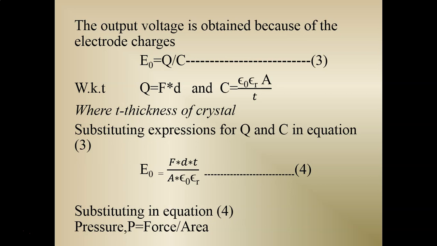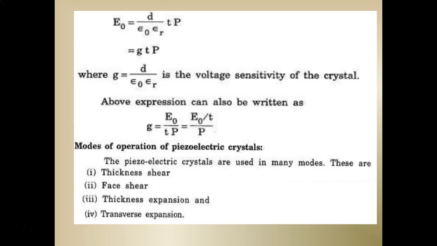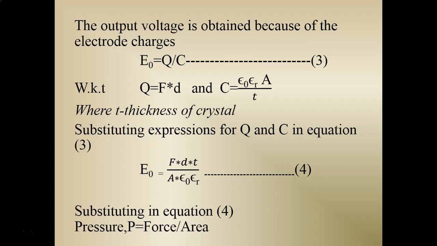Substituting these expressions in equation 3, we get E naught equal to F into D into T divided by A into epsilon naught epsilon R. So we know that force by area is pressure. So instead of F by A, we substitute P. So we get it as D by epsilon naught epsilon R into T into P.